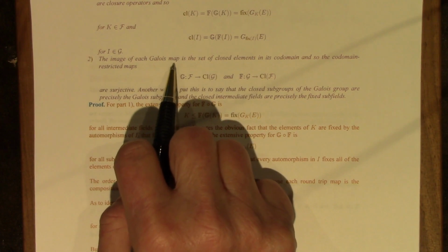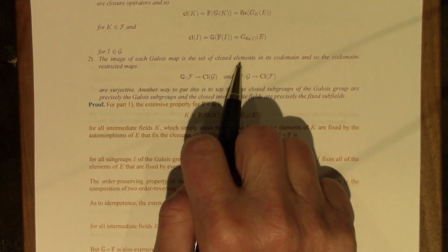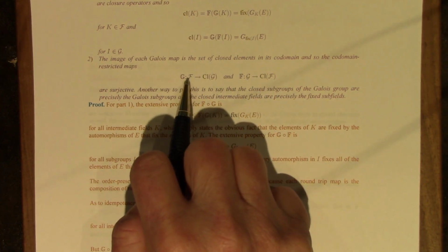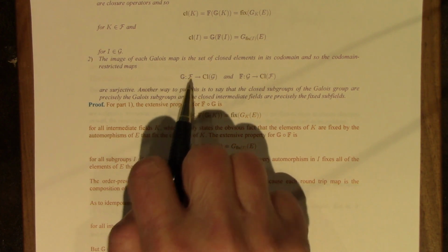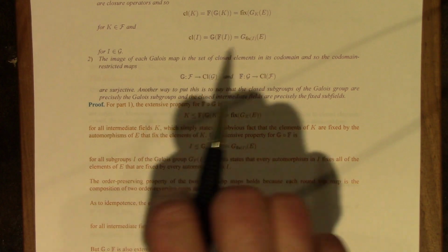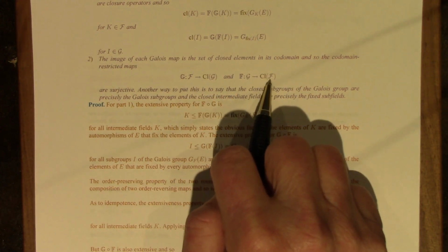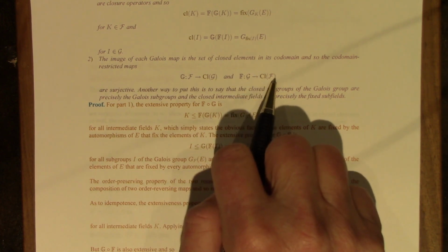The image of each Galois map is the set of closed elements in its codomain. So if we restrict the Galois group map, the codomain of the Galois group map, to the closed subgroups of the Galois group, we get a surjective map, and similarly, if we restrict to the fixed fields here, we get a surjective map.